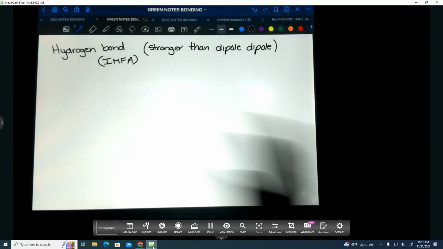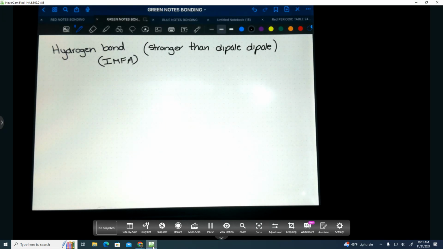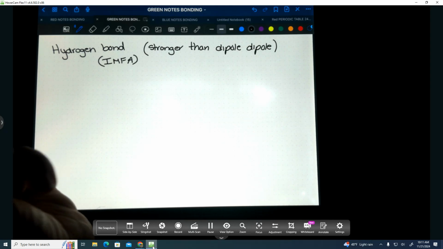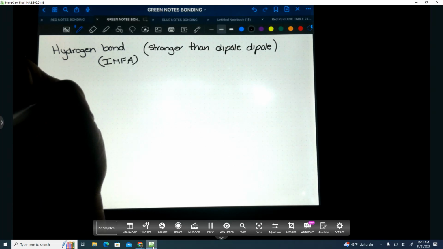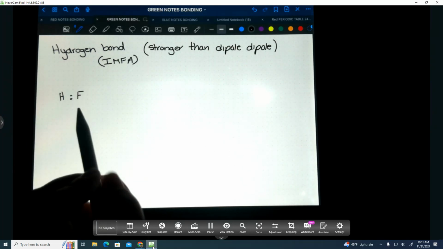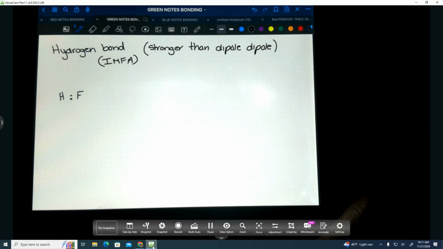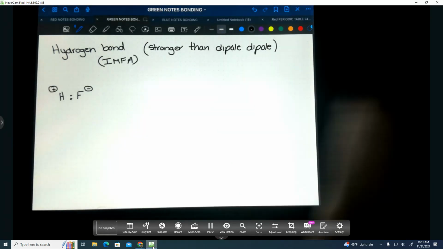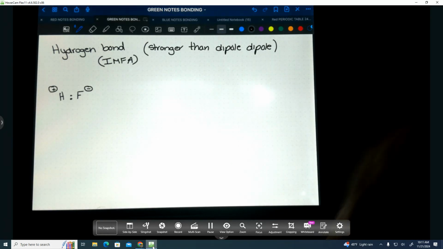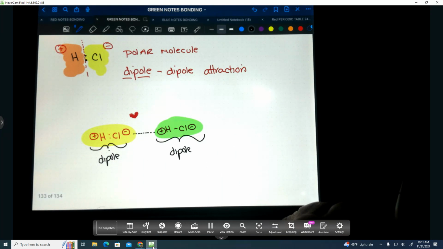Okay? Let's just talk about what types of things will form hydrogen bonds. I'm going to start with the strongest hydrogen bond, HF. Should make sense because fluorine is a pretty darn strong element, isn't it? And this side is negative and this side is positive, and it is a polar molecule, just like we looked at here.